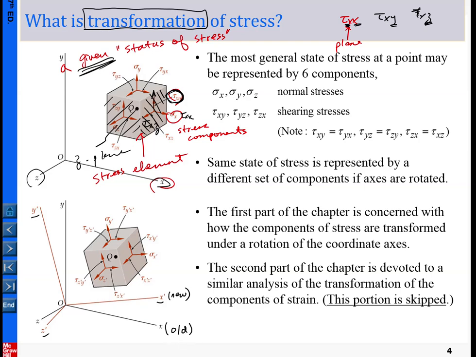Between the new and old coordinate systems there exists some kind of angle of transformation. In this way, we want to describe the stress element in terms of the new coordinate system.